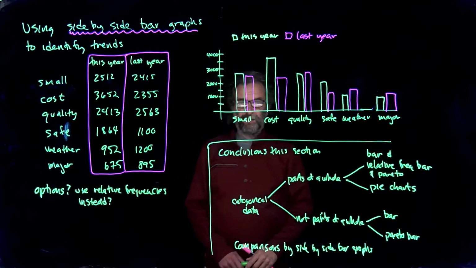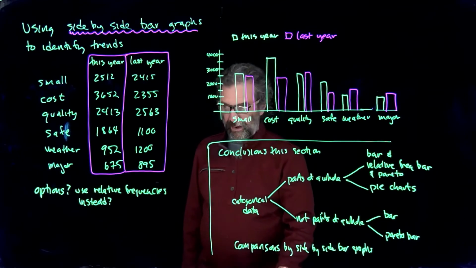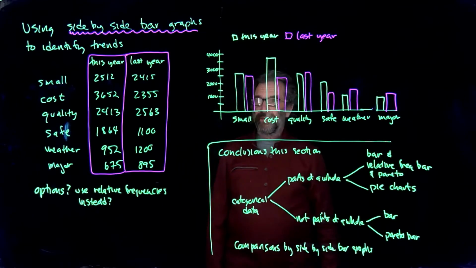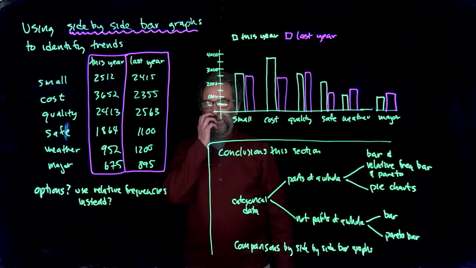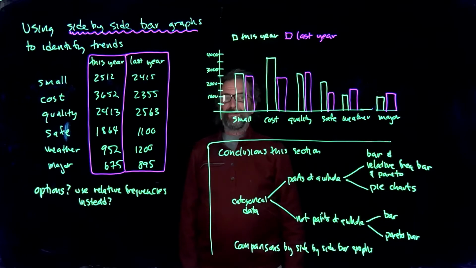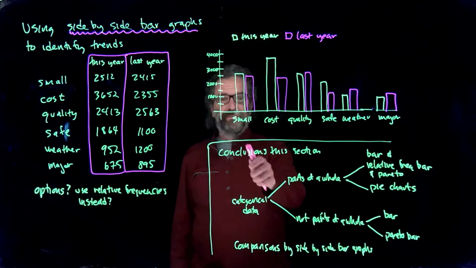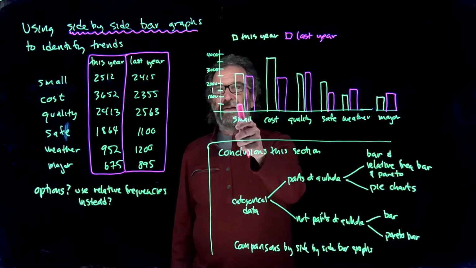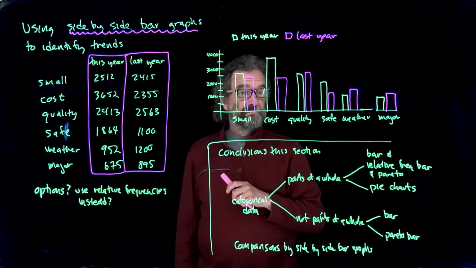Now, this does suffer from a problem: comparing the numbers side by side might not be appropriate because we might not have the same number of students. And so what might be better to compare is the fraction of the students that chose each of these categories this year and last year.